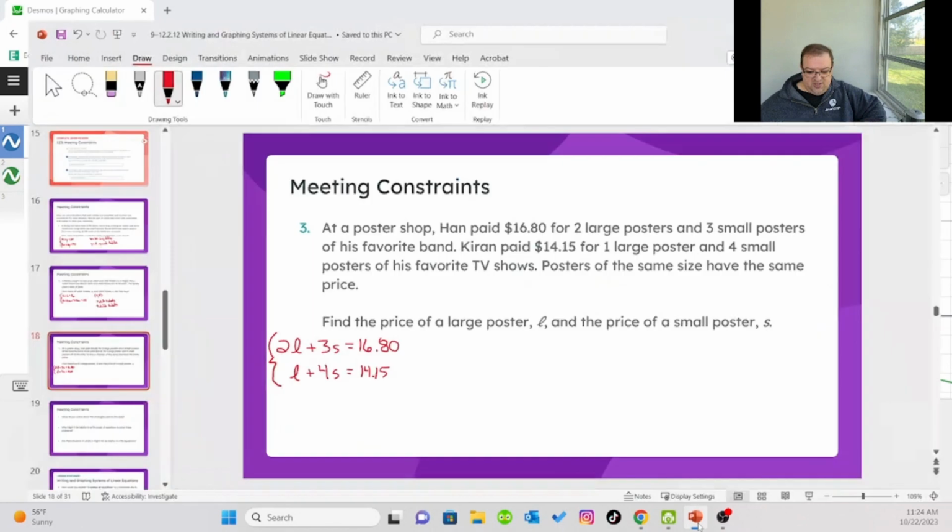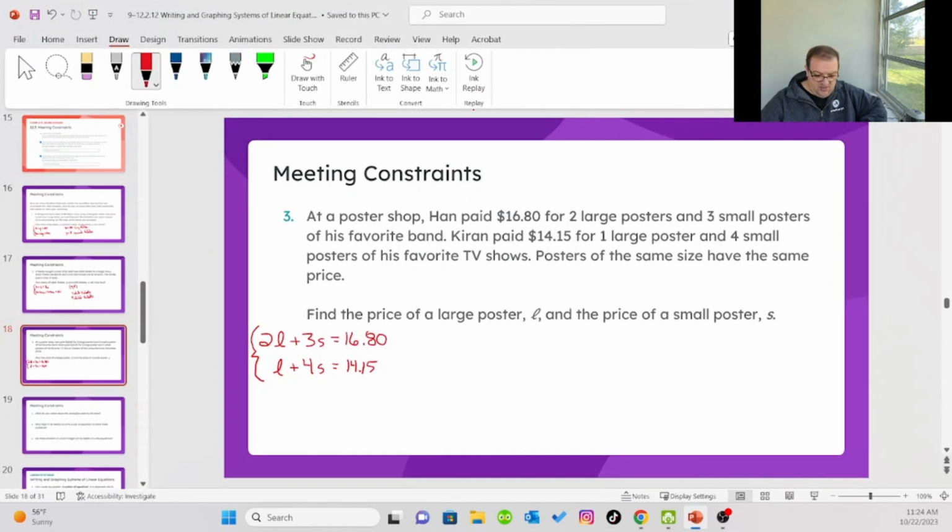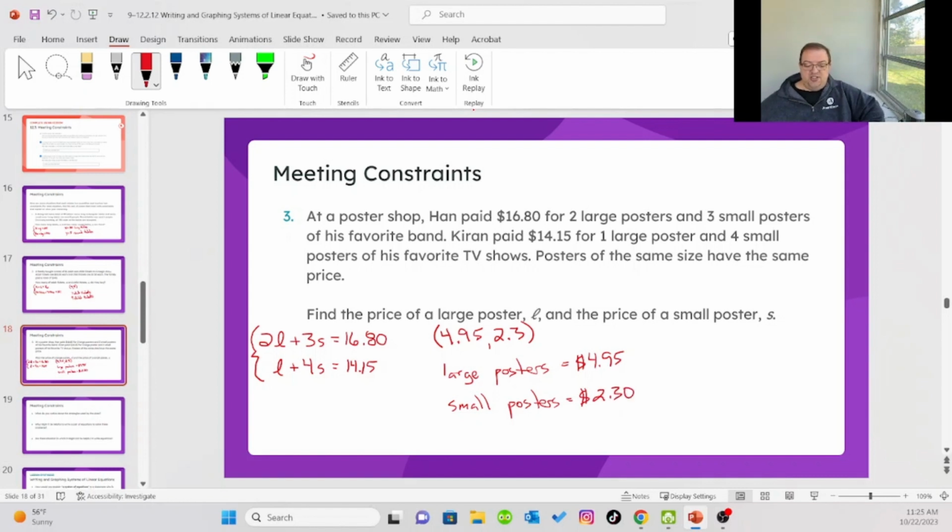So that tells us 4.95, 2.3 means large posters were $4.95 each, and small posters were $2.30 each.